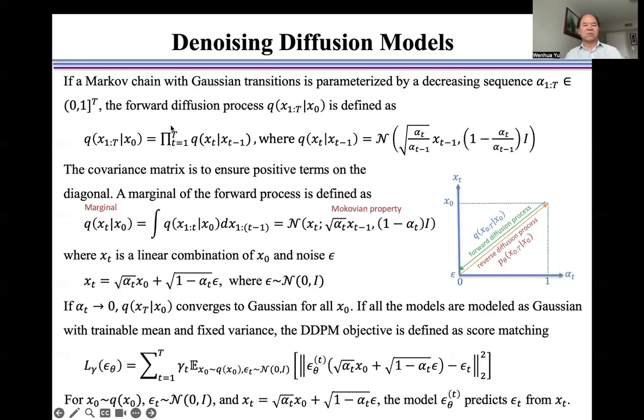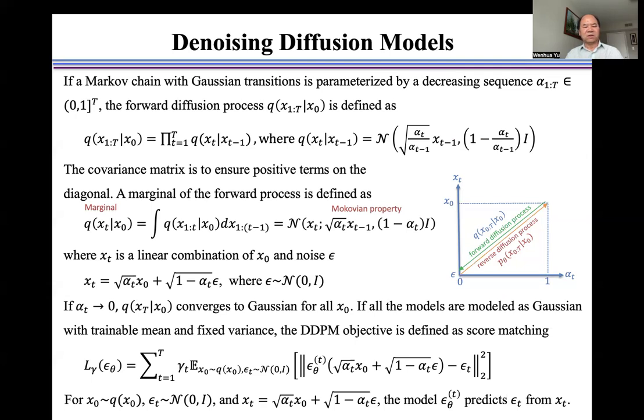If a Markov chain with Gaussian transitions is parameterized by a decreasing sequence alpha 1 to alpha T, the forward diffusion process Q is defined as here. The transition is calculated from this normal distribution. The covariance matrix ensures positive terms on the diagonal.